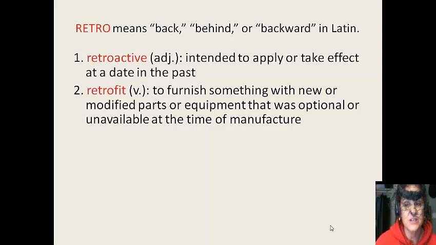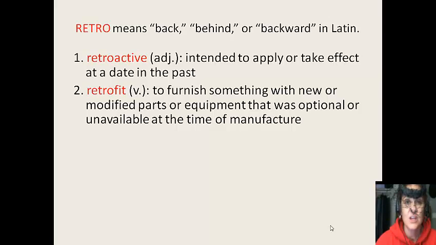Retrofit is to furnish something with new or modified parts or equipment that was not available at the time that it was manufactured. Okay, so in Huntington Beach we have a lot of these old Model T Fords and a lot of old cars around. And they drive them and they're all fancy and shiny, and then they show their engines.